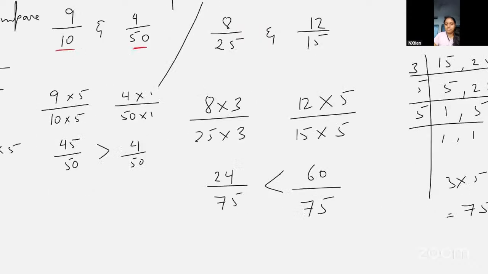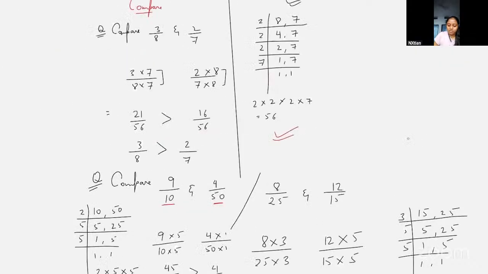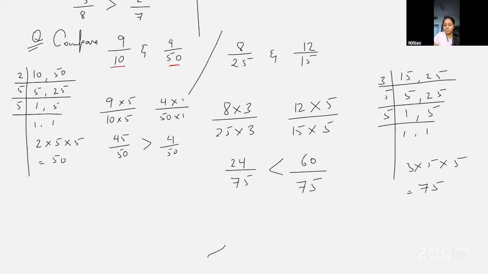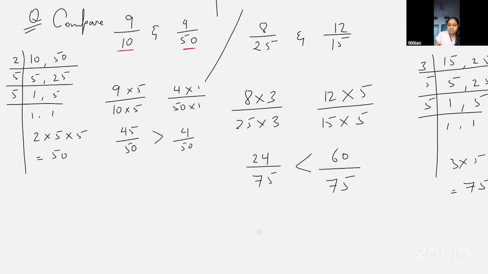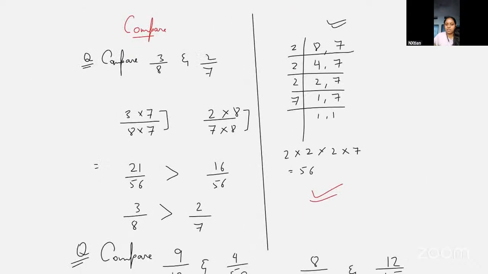Yes, Eva. But my LCM is 100. You got your LCM as 100. Yeah, and the first question. The LCM is not 100, it is 75. Ma'am, first question. 3 by 8 and 2 by 7. This one.